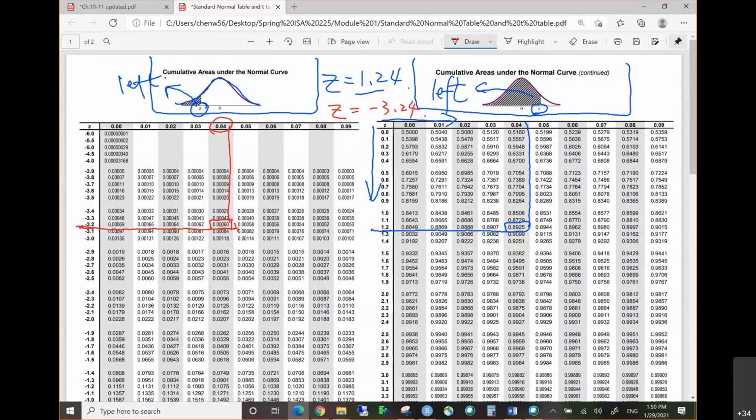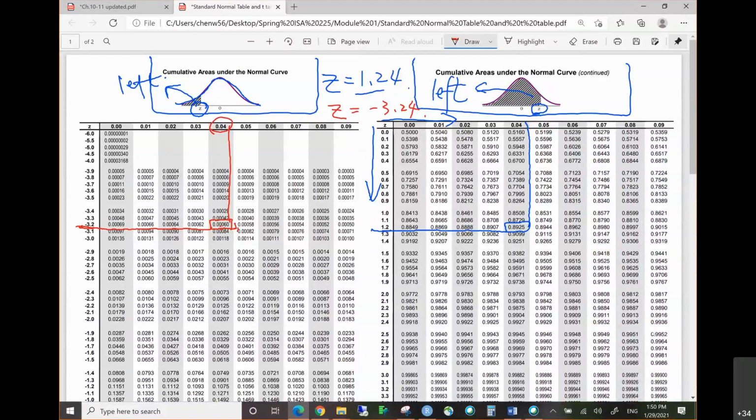Okay, now I change my question. What is the probability to the right of 1.24? Or I can ask, what is the probability that is larger than 1.24? 10.75% or 0.1075. Perfect, thank you, Mary.